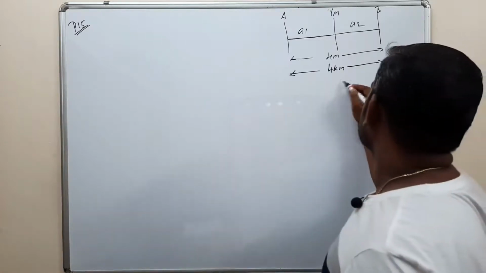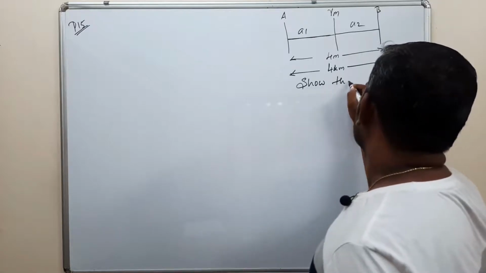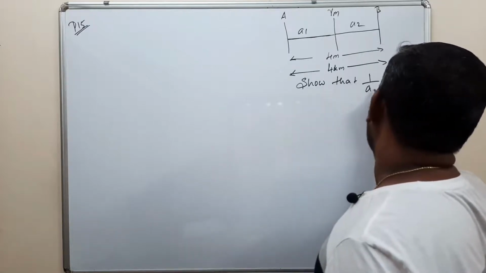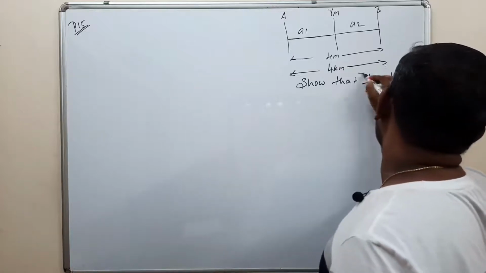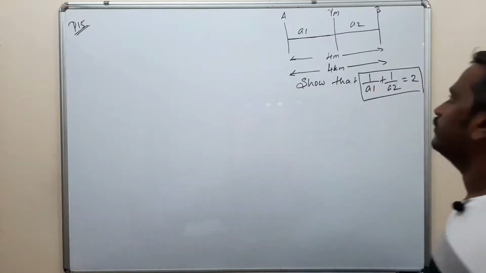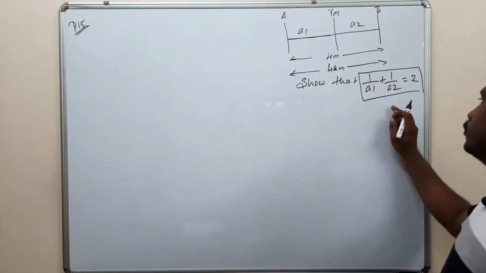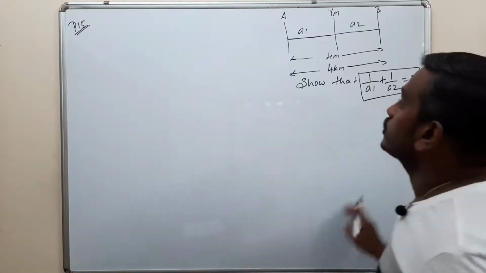Then show that 1 by a1 plus 1 by a2 is equal to 2. So we have to show that 1 by a1, the first acceleration, plus 1 by a2, the deceleration, is equal to 2. So understand the question.